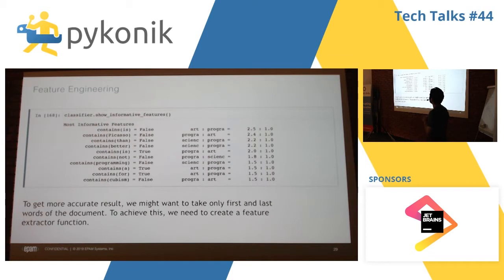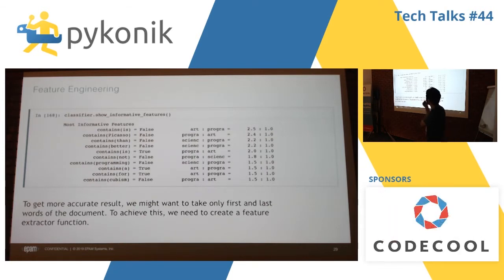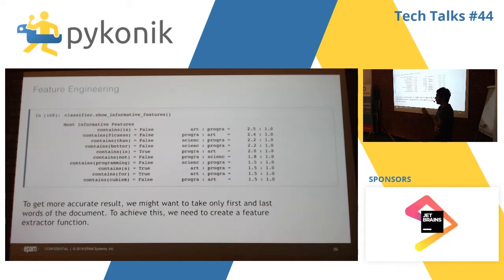When I get the most informative features in the classifier, for instance, if it contains "is," it's probably related with art, but this is something fuzzy. This is why we need feature engineering.